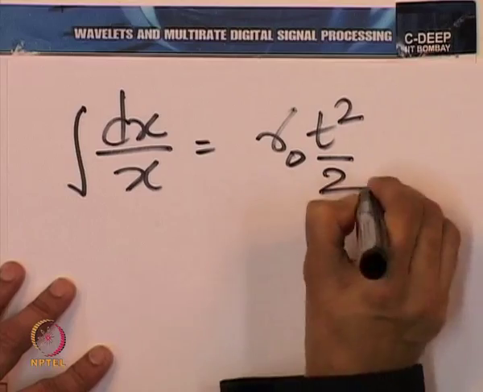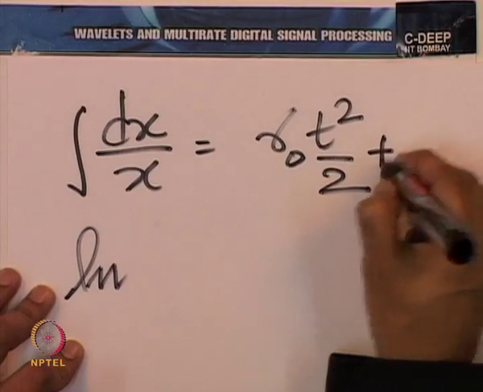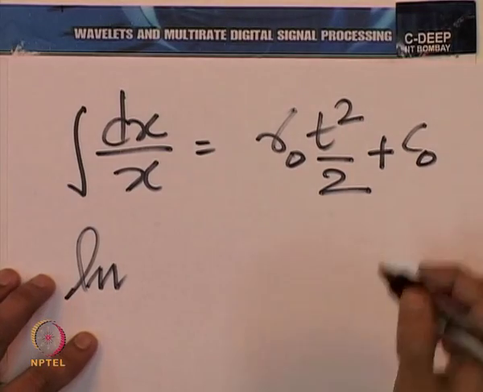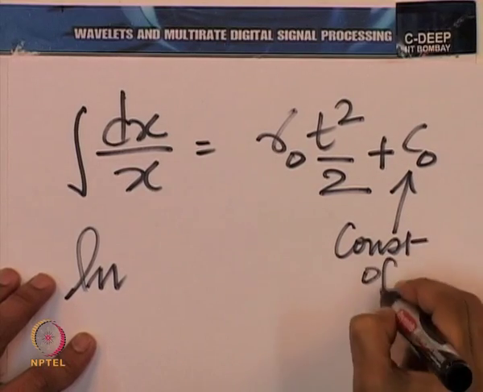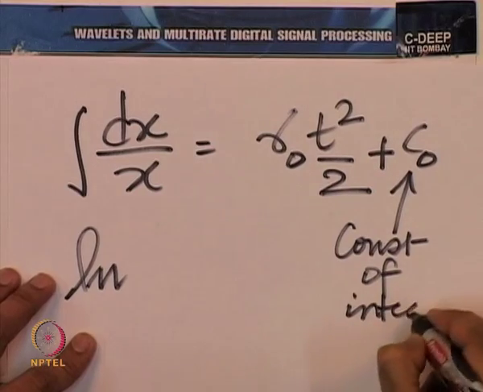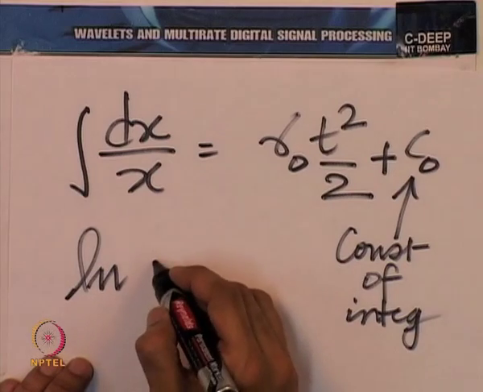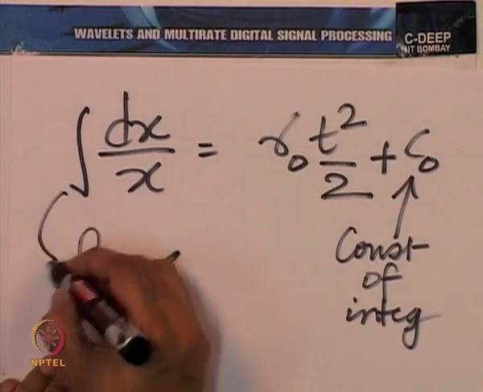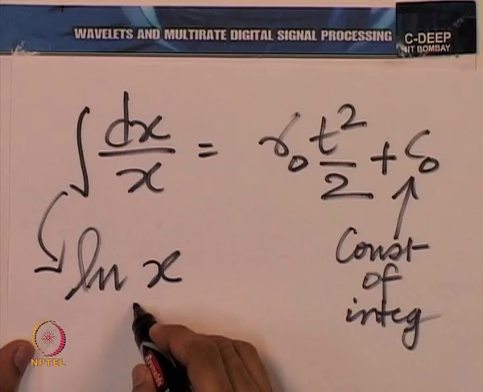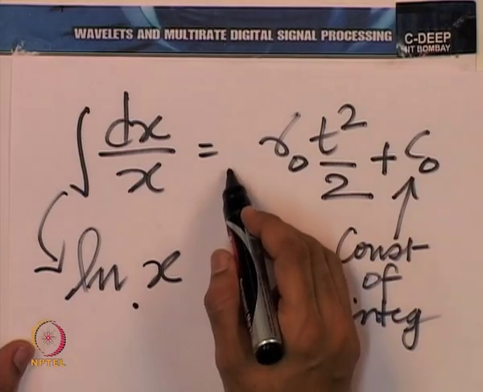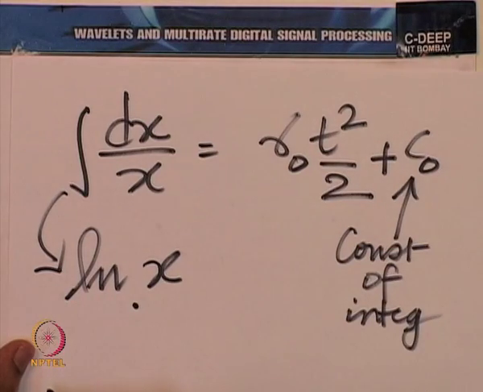gamma 0 t squared by 2 for the right side, and log natural x on the left. Well, you must have a constant here, a constant of integration. So, in other words, we have log natural x is of the form gamma 0 t squared by 2 plus C 0.